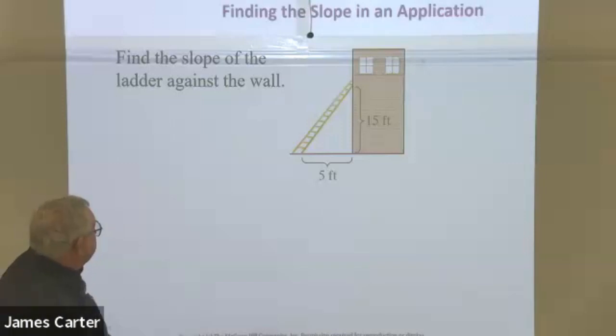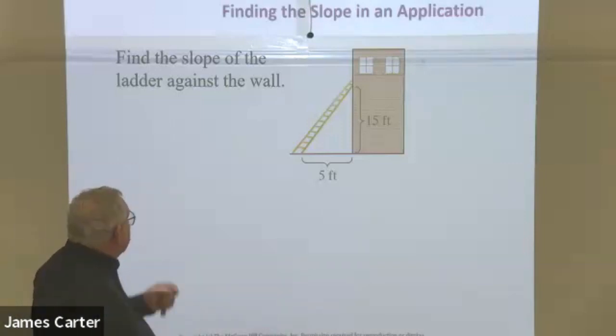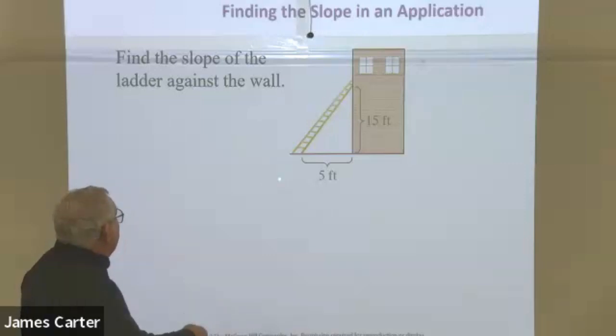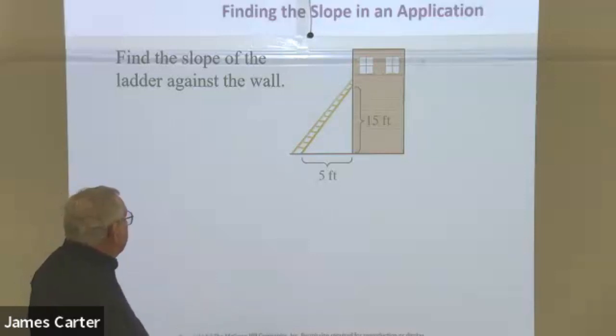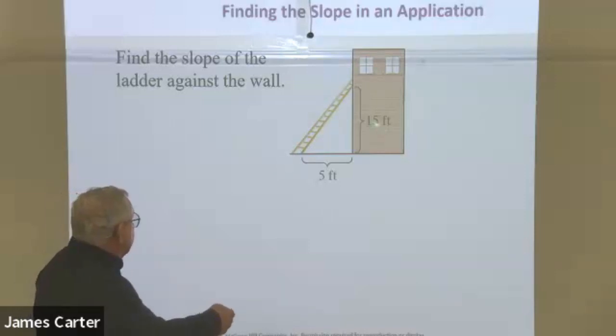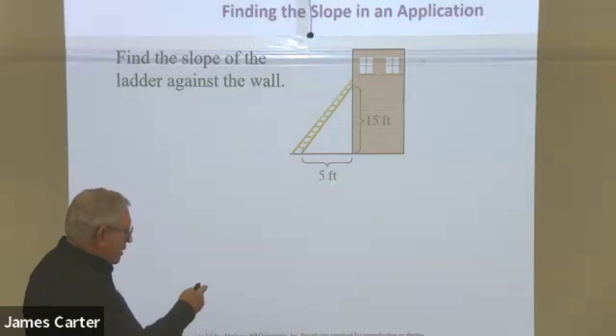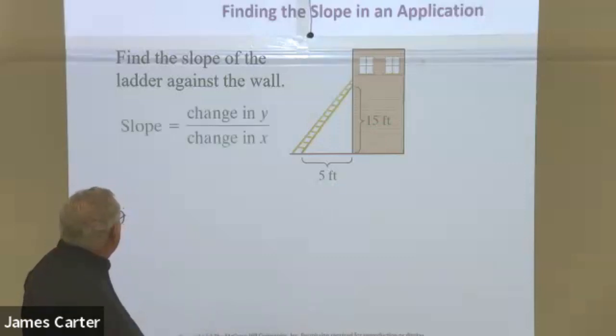Now, the slope, again defined as rise over run, okay? So we're trying to determine basically what is the ratio that defines this angle of the ladder. So we have the rise 15 over the run 5.